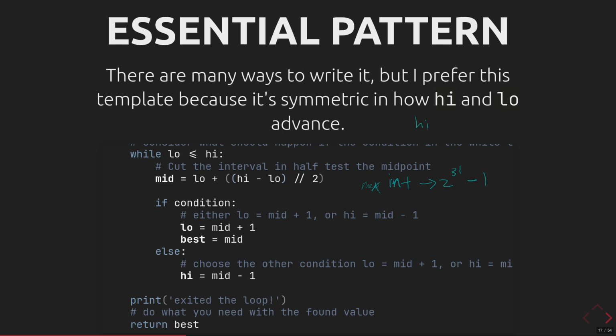If your high bound, the answer might be all the way up to like 10 to the 14th, right? Well, that's going to be greater than this value, than max integer.